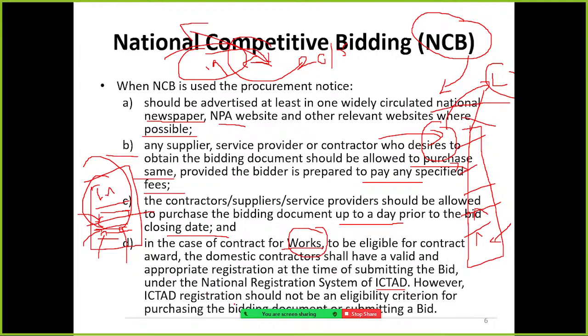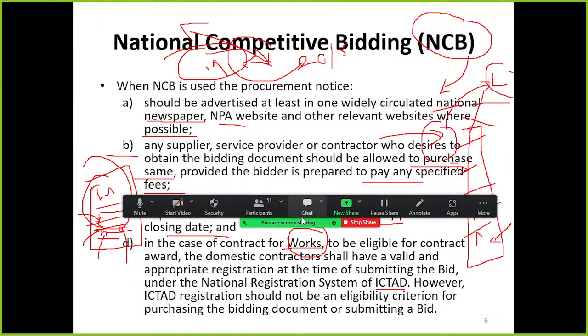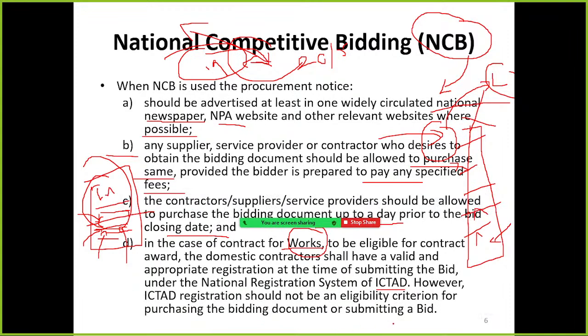However, ICTAD registration should not be an eligibility criterion for purchasing the bidding document or submitting the bid document. So anybody can purchase the bid document. Anybody who pays the registration fee or bid document fees can collect the bid document. However, only eligible contractors can forward their bid.